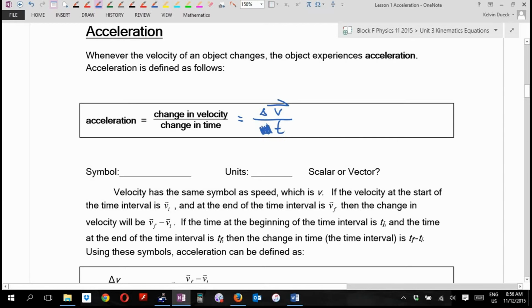It's just laziness. What's our symbol for acceleration? A, and it's a vector. You're going to notice a lot of the time we're going to be a bit sloppy with the vector sign because sometimes I'll just say find the magnitude of the acceleration. Units, we already said this, but you're teenagers, it bears repeating. Meters per second squared.